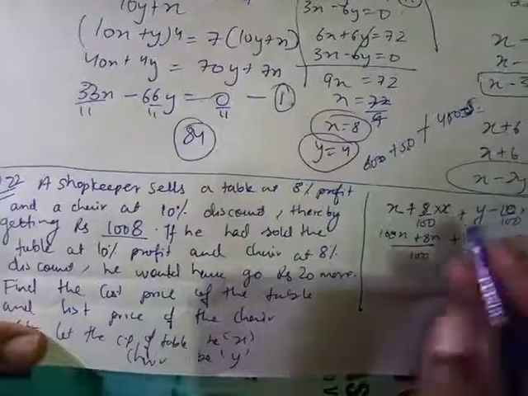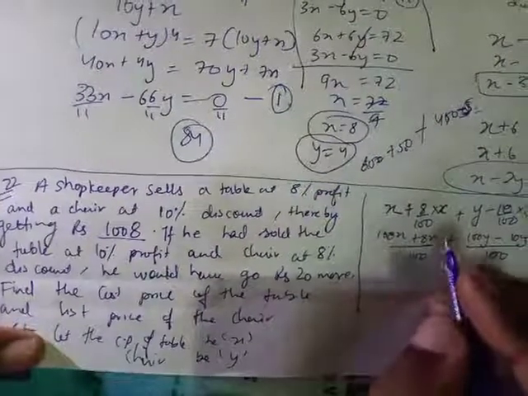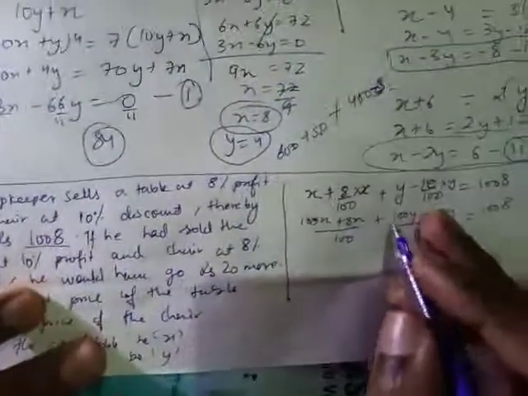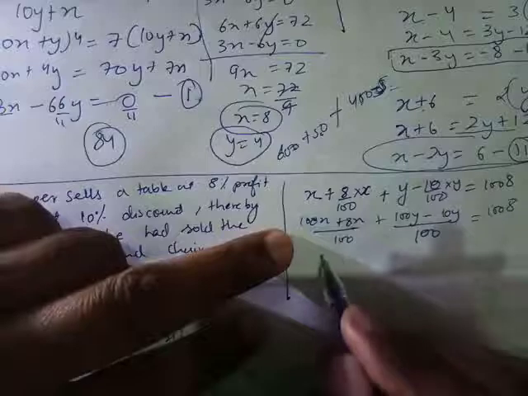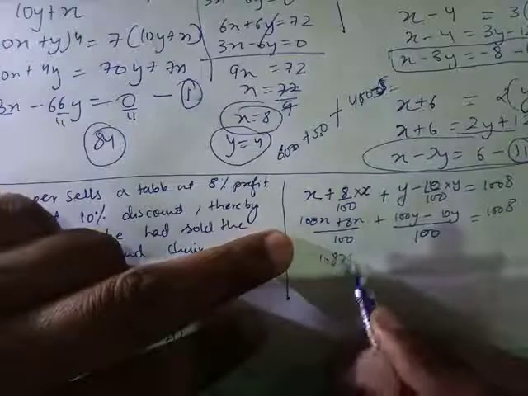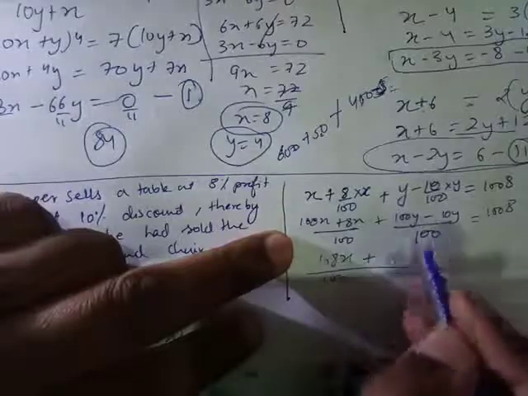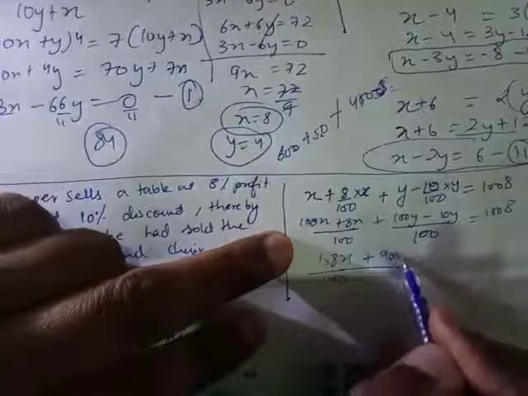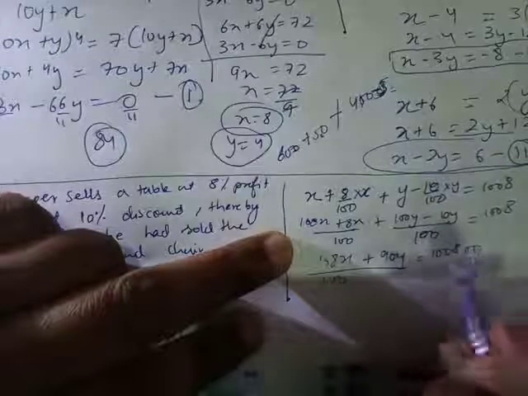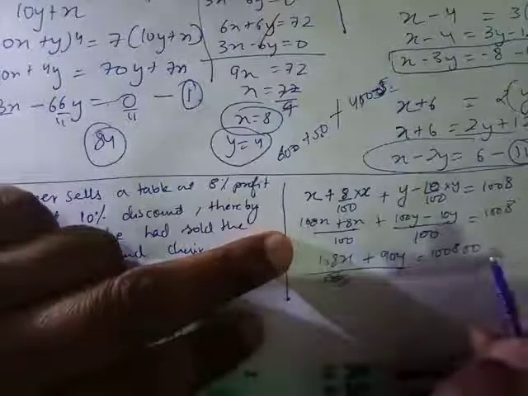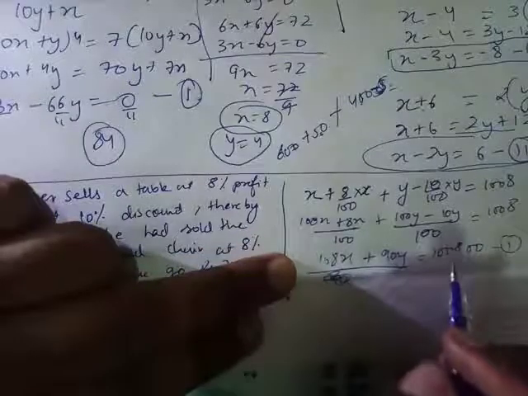Now you know there are like terms, 100x plus 8x, they both are like terms because they both carry the same variable, and when you solve them, what you'll be getting, 100 plus 8, that is 108x over 100 plus 90y equals 1008, and 100 can go on that side and become 00, okay. And this is the first equation that we have, 108x and 90y.